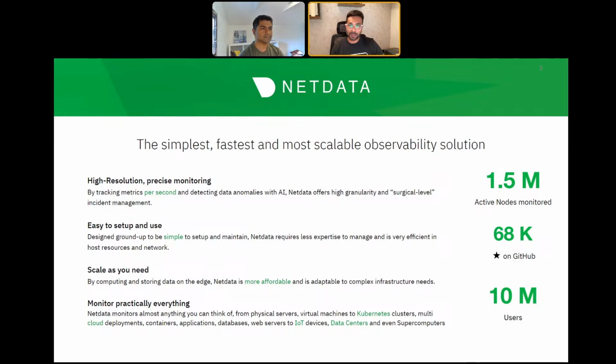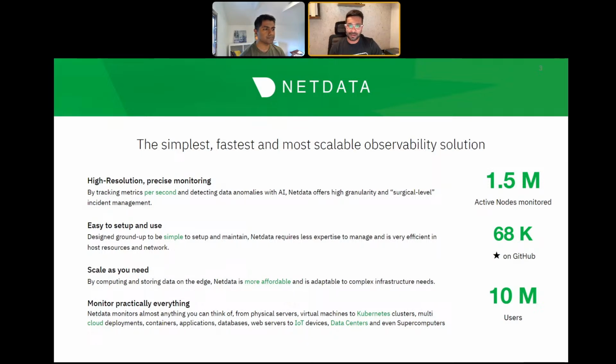It also provides you great flexibility in terms of scale. So you can scale as you need with our horizontal and vertical scalability. It's also probably the most affordable monitoring solution with all of these capabilities. Most importantly, you can monitor practically anything and everything that comprises your infrastructure, whether it is physical servers, virtual machines, Kubernetes clusters, multi-cloud deployments, containers, applications like your databases, web servers, IoT devices, data centers, or even supercomputers.